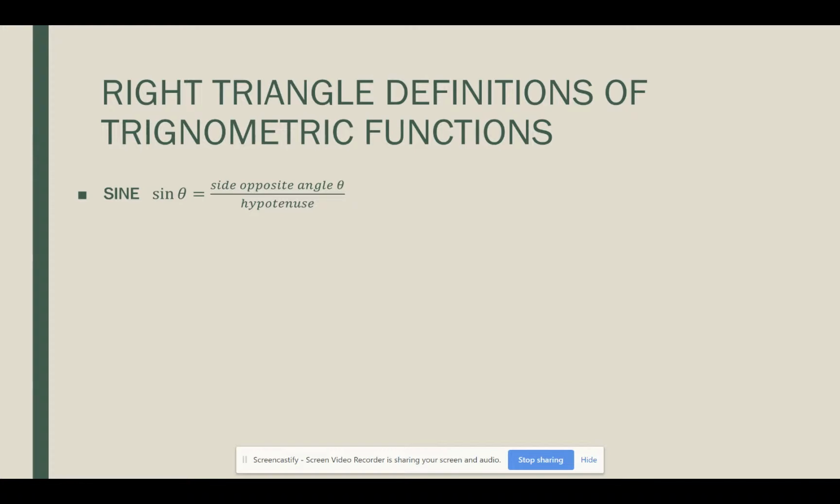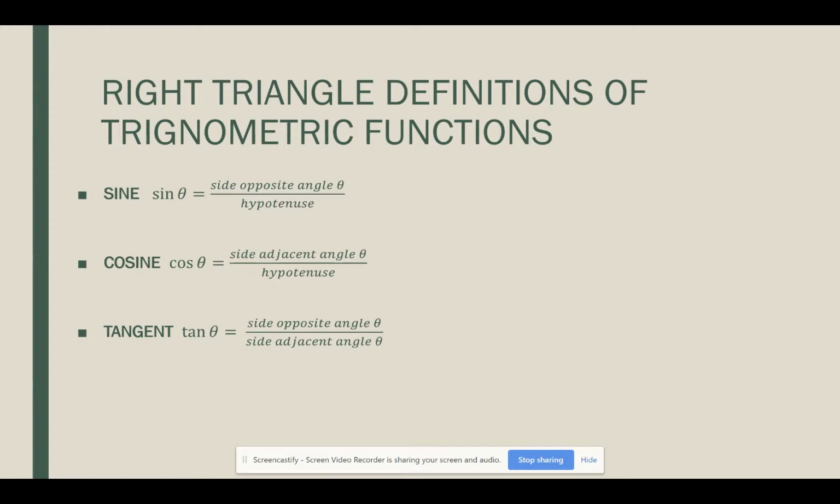So the sine of angle theta equals the ratio, or the fraction, of the opposite side to the hypotenuse. Cosine, which is abbreviated COS, the cosine of the angle is the ratio of the adjacent side to the hypotenuse.